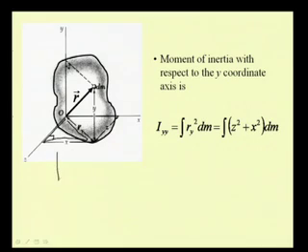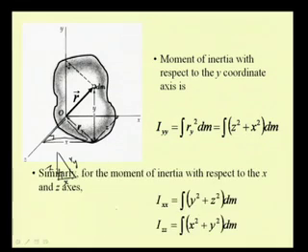I can redraw it for your convenience. So, this is your r y, this is z and this is x, in the x z plane. So, we have r y square as z square plus x square, which is nothing but the coordinate of the particle along the z axis and along the x axis.